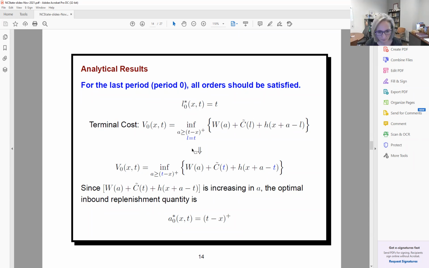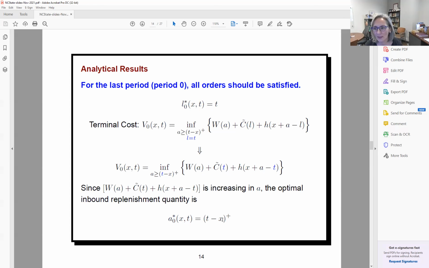replenishment quantity. And if you examine the terminal cost function, you can see that the right-hand side is increasing in the order quantity, and the optimal replenishment quantity for the last period of the problem is simply given by this expression, which means that you either place an order and obtain supply sufficient to clear the outbound load, which is T minus X, or you do not place an order.